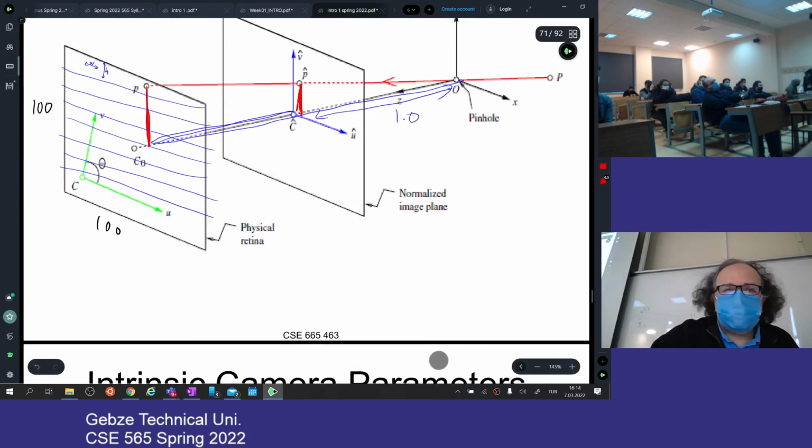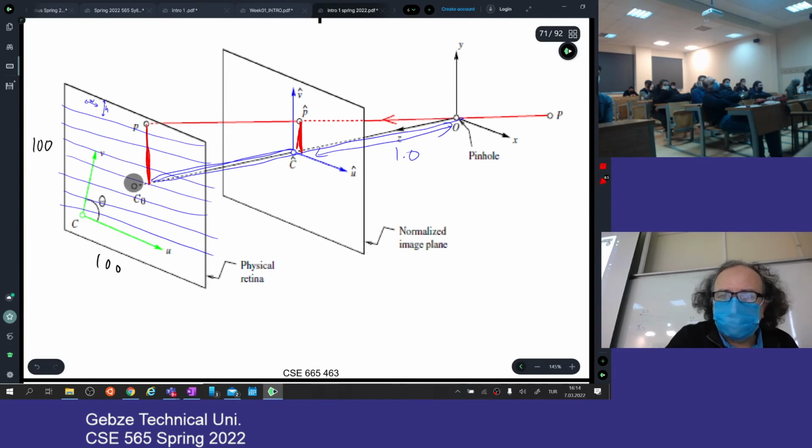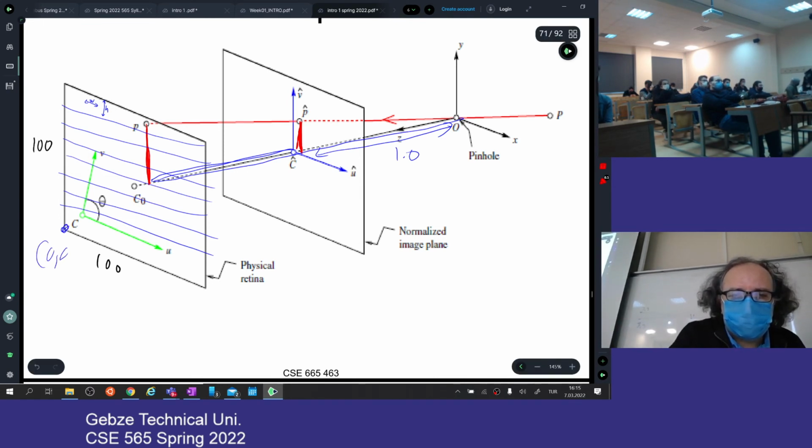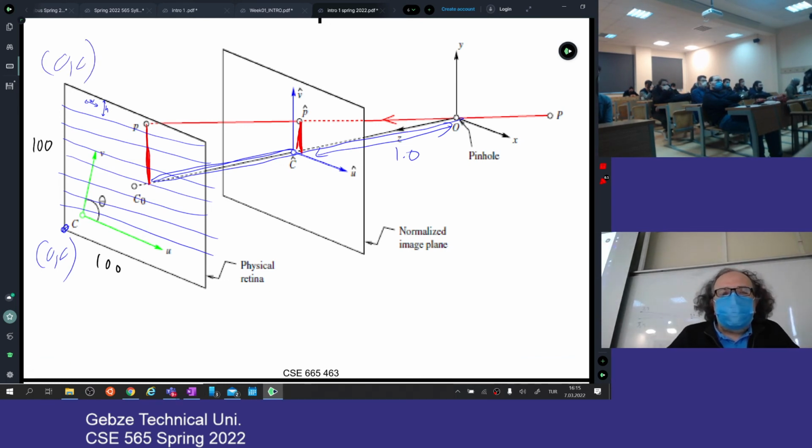But still, my 0,0 point is here, because 0,0 used to be here, right? I don't like it, because sometimes I want to make my 0,0 here, the corner here. Sometimes I like to make it 0,0 here. It depends on me. So what am I going to do?